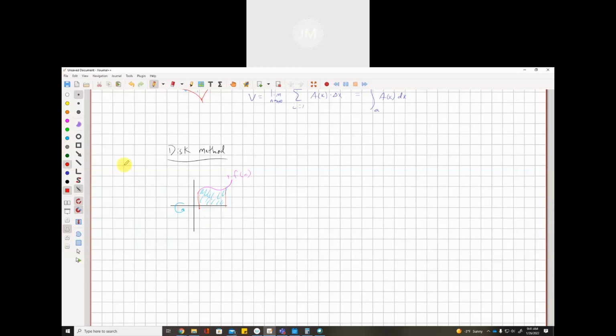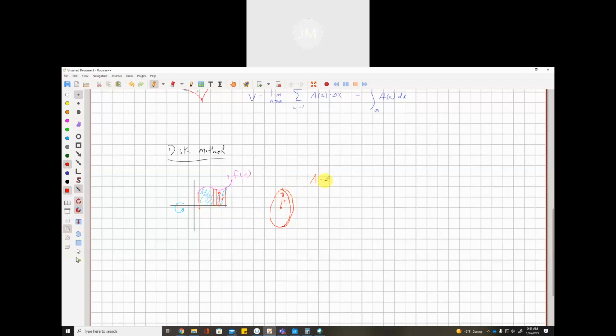And the idea here is that if I look at one rectangle that would be used to find area, when I rotate that around, that will give me this disk, where the radius is exactly equal to the function height, okay?